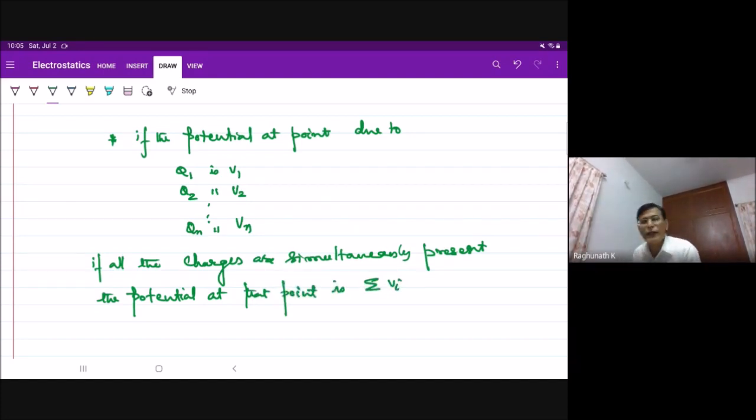That's what we told, right? Integration we did. Means what? That is summation under limit.